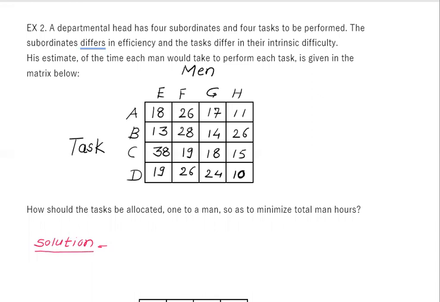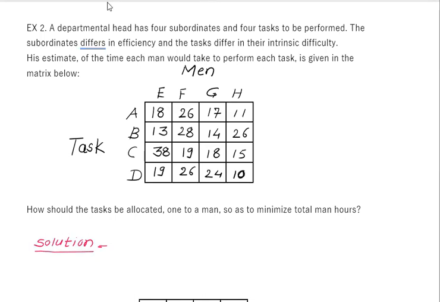So the tasks or jobs are also different. His estimate of the time each man would take to perform each task is given in the matrix.